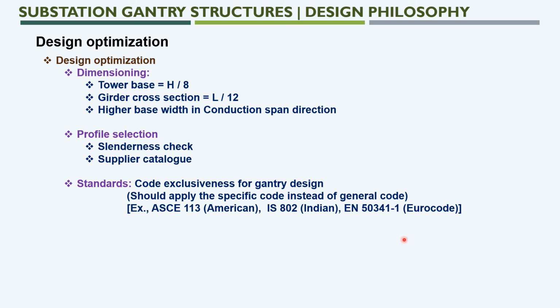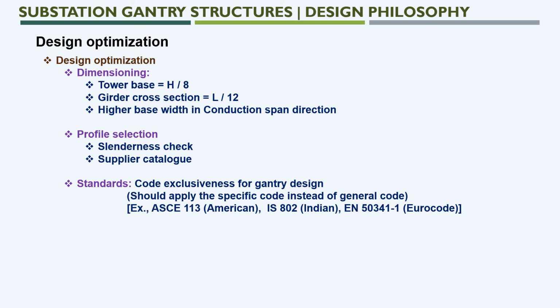So likewise, we have to consider the exclusiveness of codes, which are only suitable for substation gantries, or else what will happen, no? For other general code, the load combinations for live load used to have 1.5, but in these exclusiveness codes, that is specific codes, it used to have 1.2 of conductor tension.